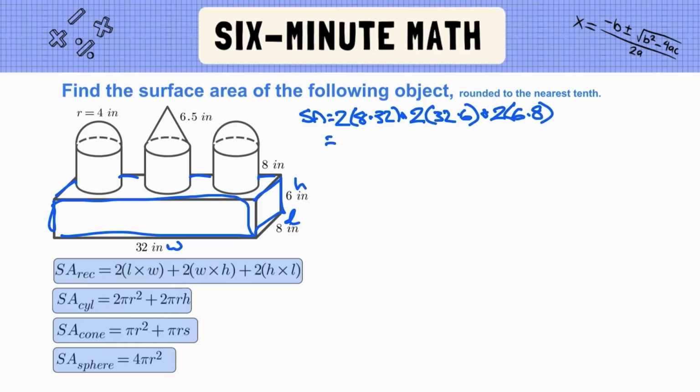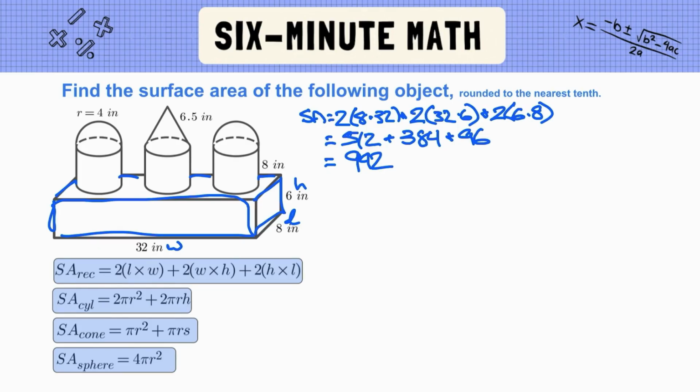This is going to be 512 plus 384 plus 96. I add all those together, 512, 384, and 96, for a final surface area of 992 for that rectangular prism.